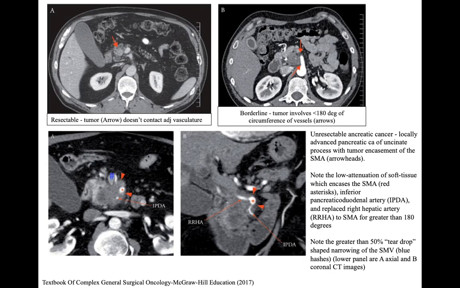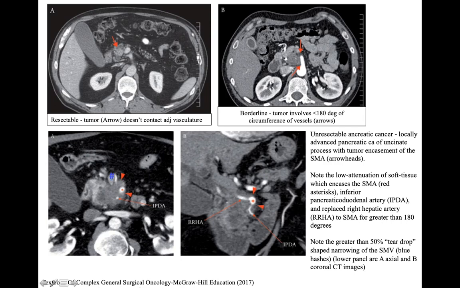One of the indications by which surgeons determine whether or not a patient is going to go for a resection is how much of the tumor is encompassing the superior mesenteric artery, for example, or the superior mesenteric vein (SMV).